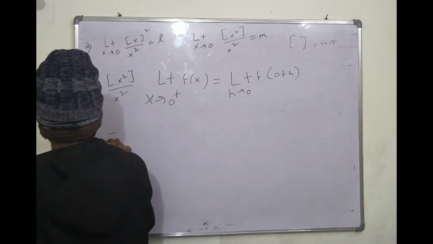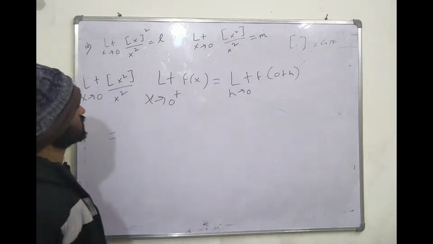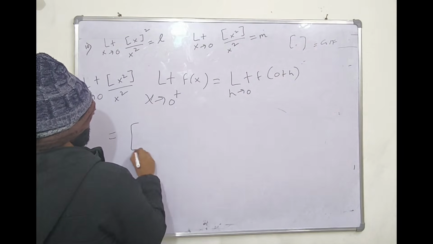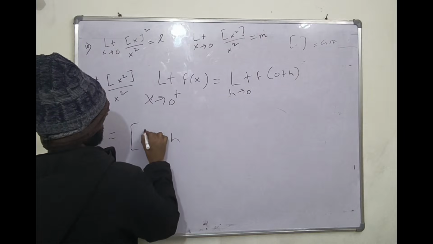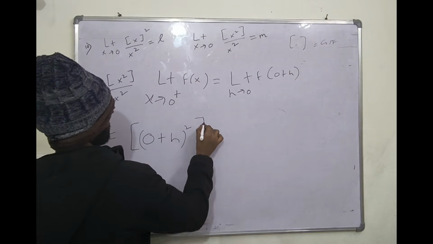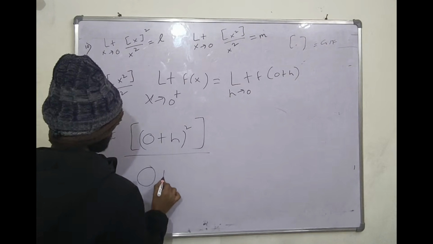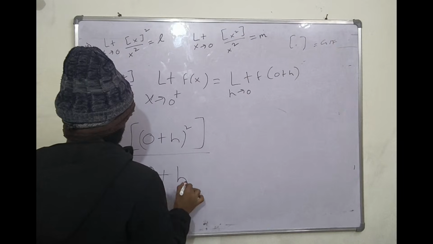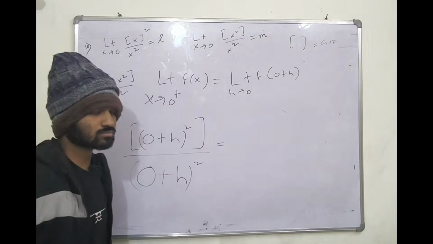Okay, good, nice. So substitute there: step of (0 plus h) whole square by (0 plus h) whole square.